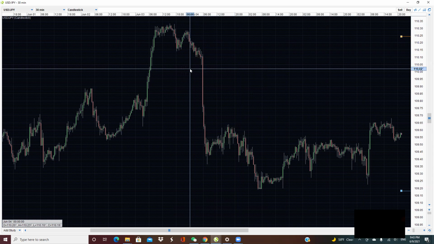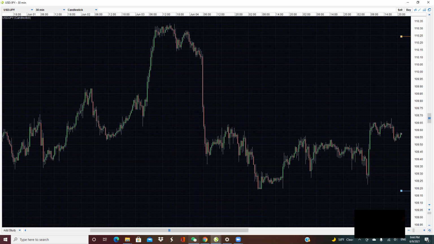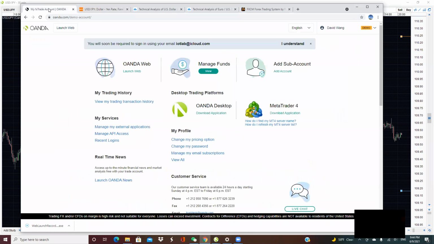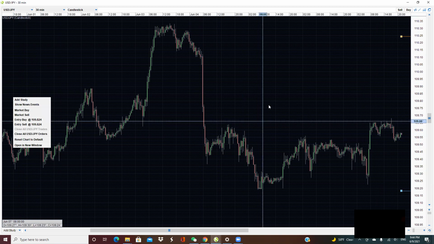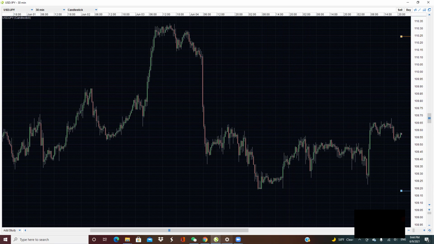So that's basically it. I encourage you to go to this website and download their trading platform to get used to how to use their chart and how to do entry and get a feel for it.